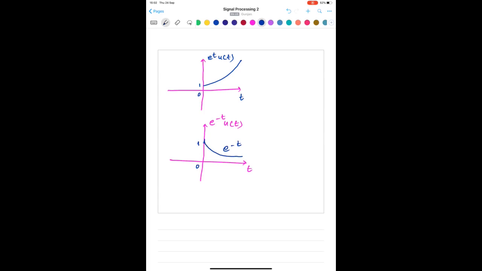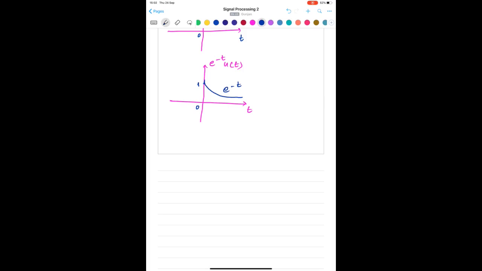Now what is this unit step function which we are using? It's a very important function, or signal, which is used for the analysis of many communication devices and other applications also.